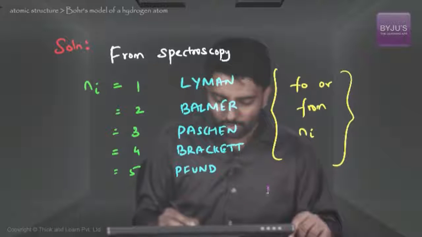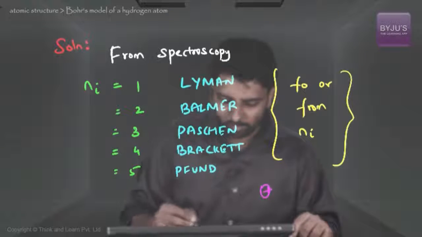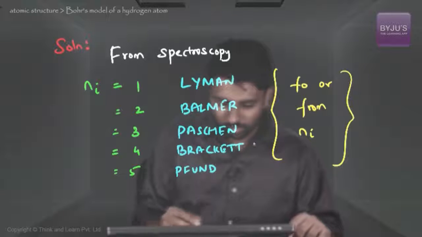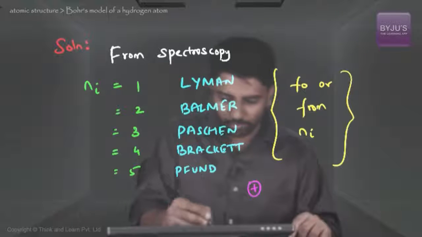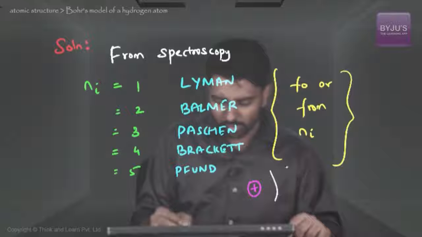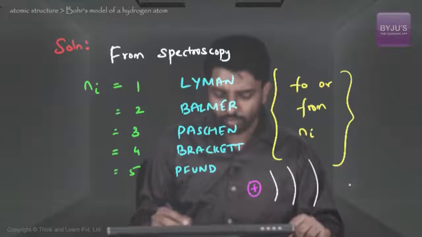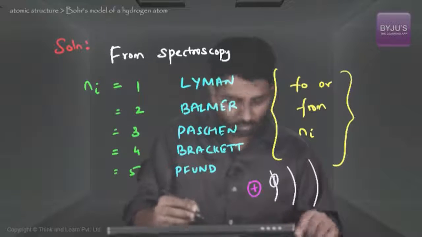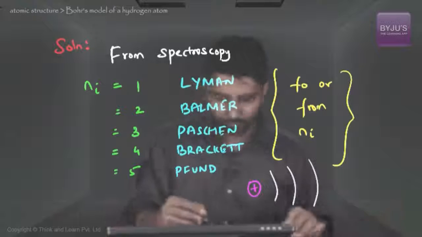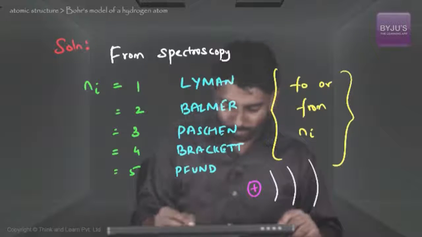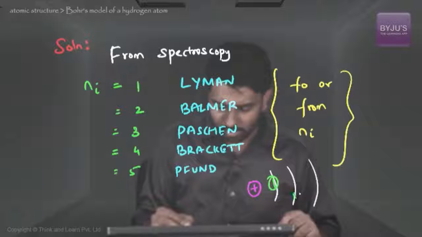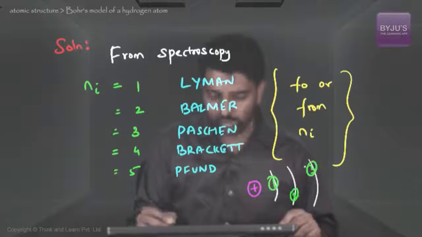Let me just redraw that. You have the nucleus and you have different states. So this is n equals 1, this is n equals 2, this is n equals 3, and so on.